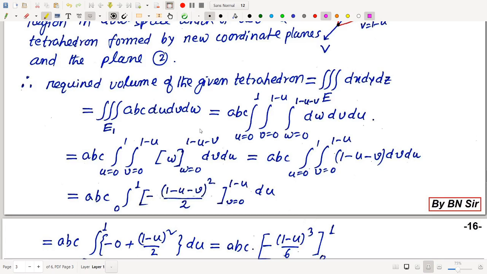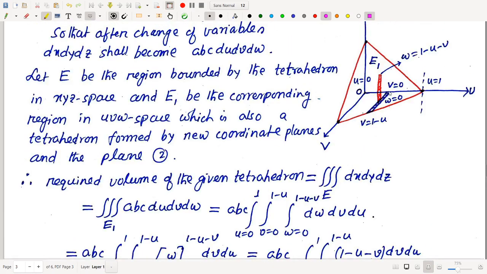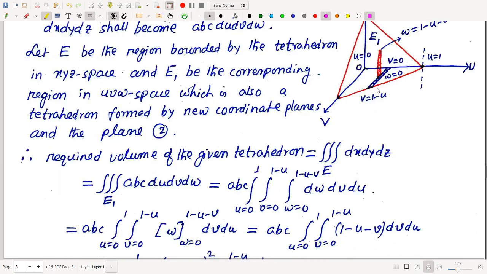Now the limits of u, v, w. See in the figure, w varies from the uv plane, where w is 0, to the oblique plane u plus v plus w equals 1. So w varies from 0 to the oblique plane, w equal to 1 minus u minus v.